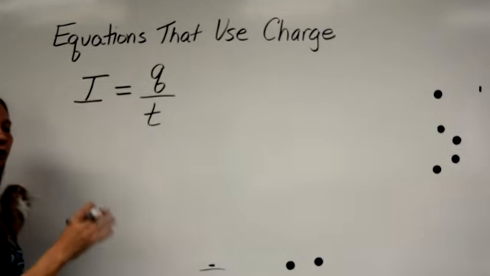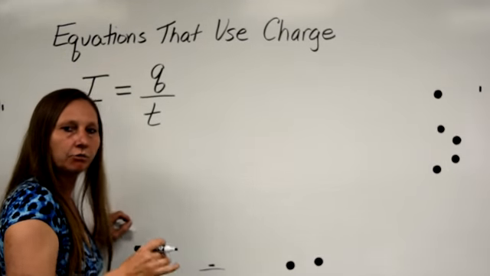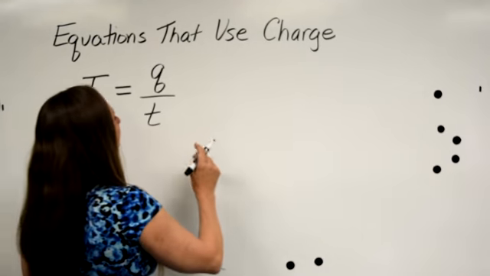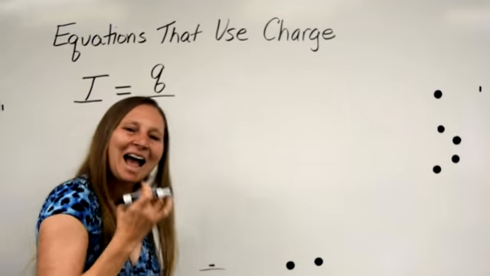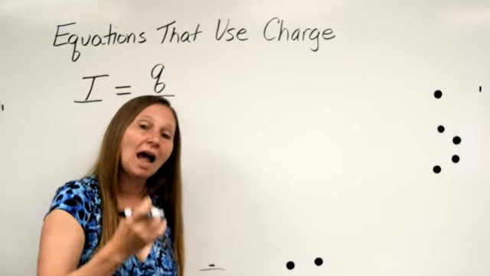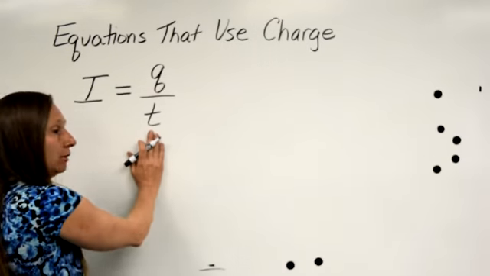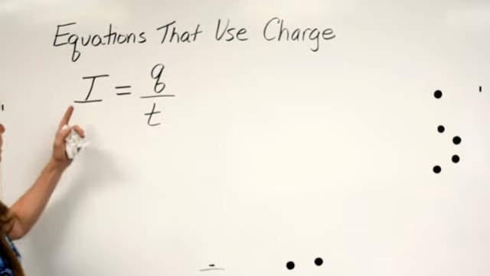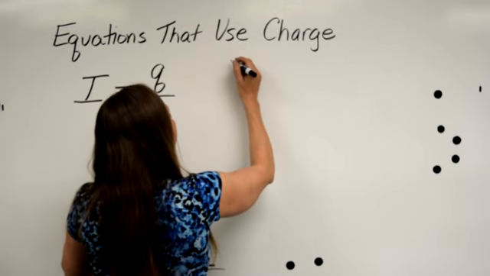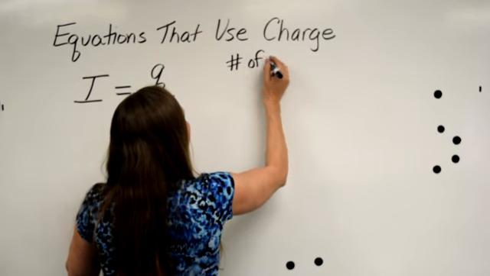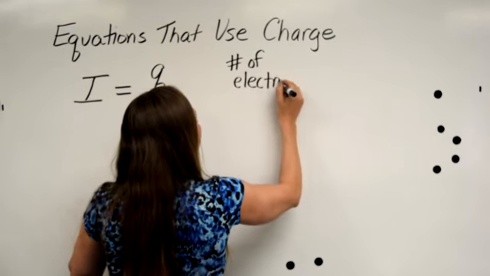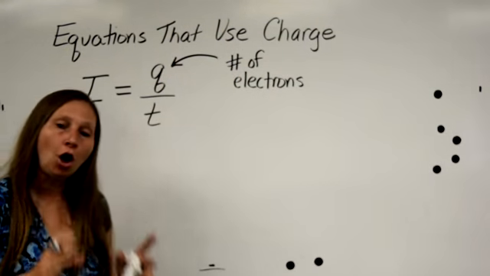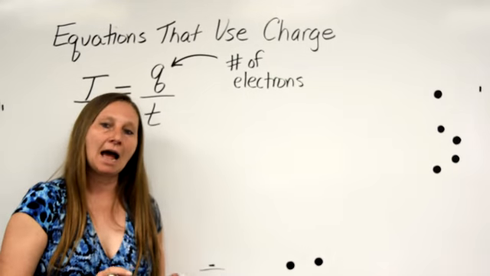The reason we're doing this little mini section, this section 8.1, is because if they tell you how many electrons you have going through a wire in a certain amount of time, and then they ask you to calculate the current, you're going to have to take the number of electrons that they gave you and convert that to the charge that those electrons have.